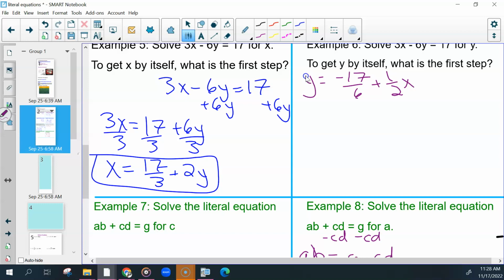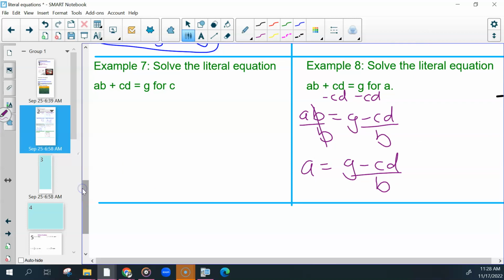So like if it was 17 and 13, then you wouldn't need to divide each piece. Right, for number 7, the final answer was C equals G minus AB all over B. Anyone need to see that one?